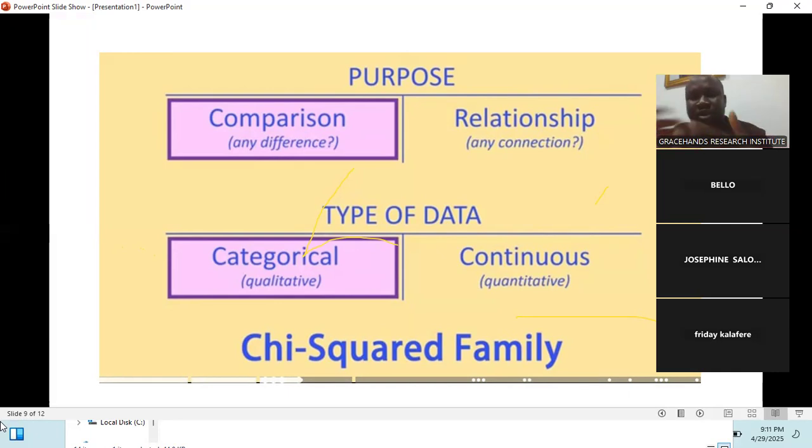Now, I told you we have two types. The second type is when you have more than one variable. That's when you now have dependent and independent variables. So you now have to examine the effect of COVID-19 on the Nigeria economy. Those are two variables. Effect of COVID-19 is a variable, the Nigeria economy is another variable.